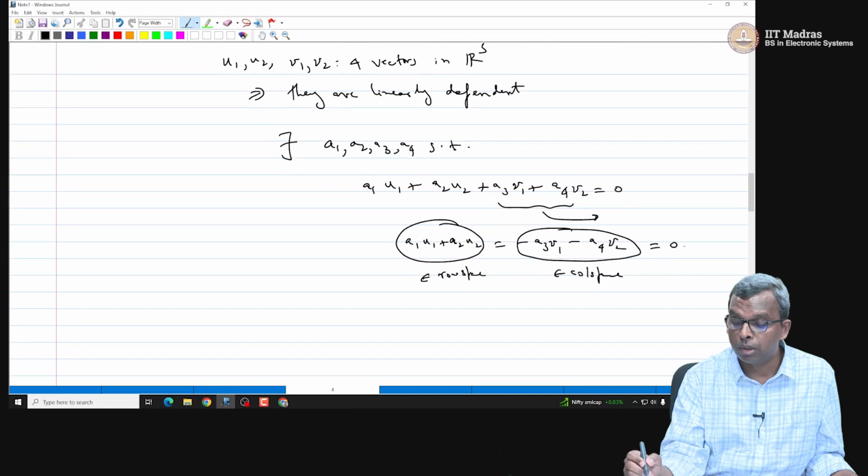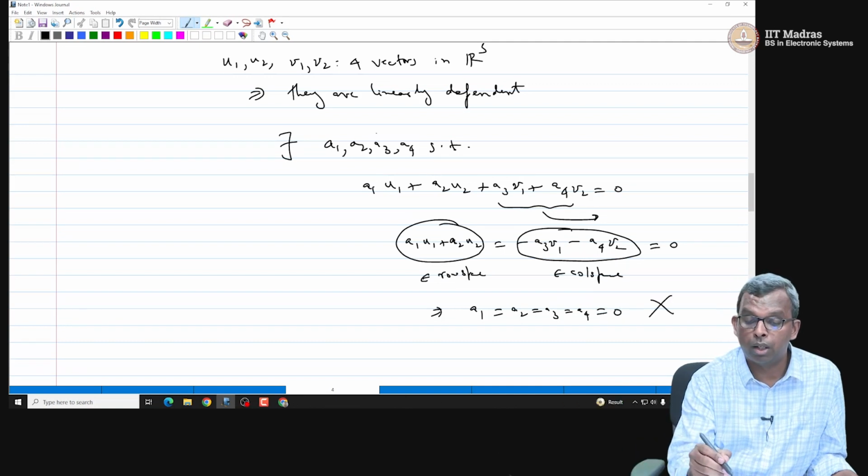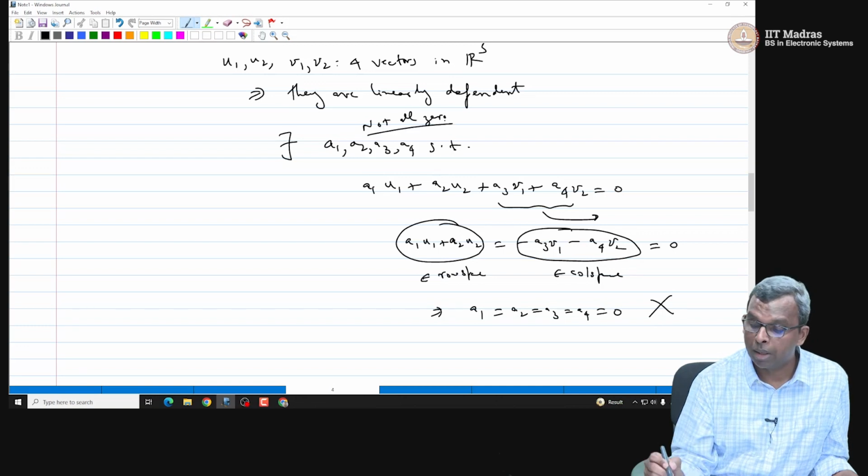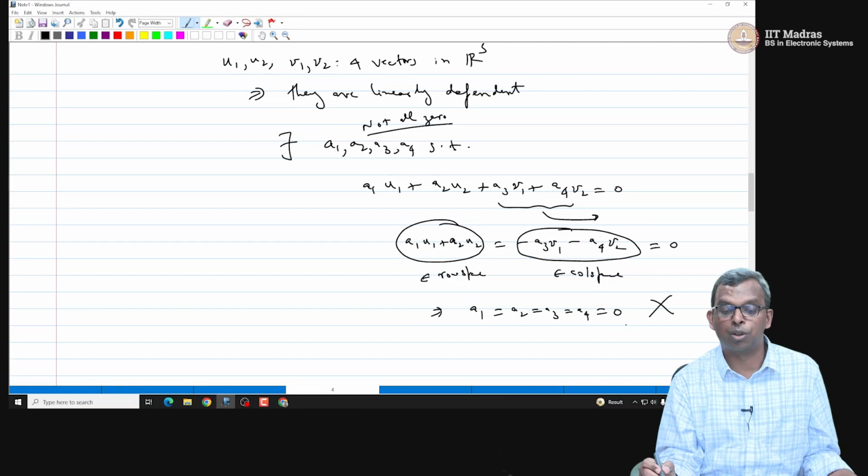They have to be equal to 0. So, now if this is 0, u1 and u2 are linearly independent, v1 and v2 are linearly independent, which means a1 equals a2 equals a3 equals a4 equals 0. And that is a contradiction, okay, not all 0 here, and I am getting all of them to be equal to 0 because of this condition.